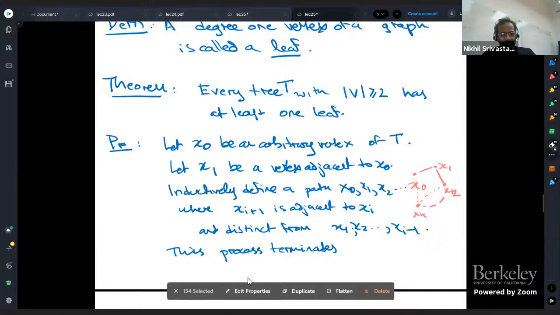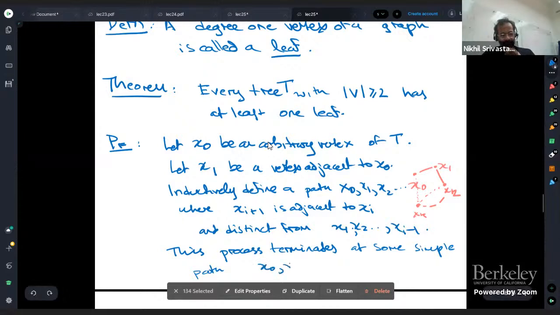This process terminates at a simple path x0, x1, all the way up to xk, such that one of two things happens.